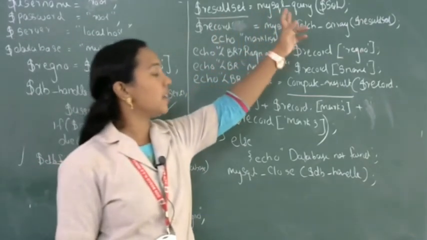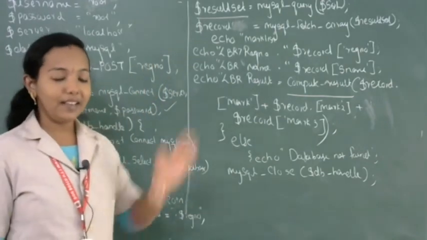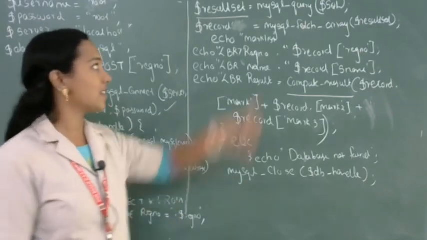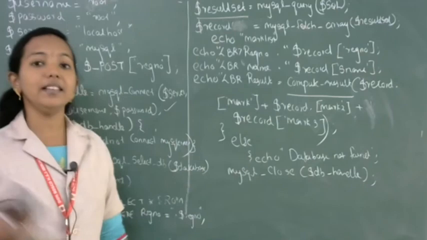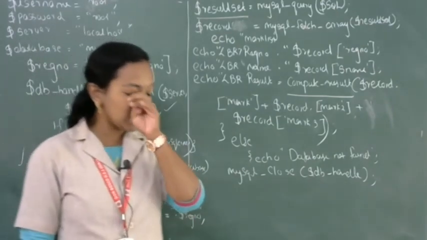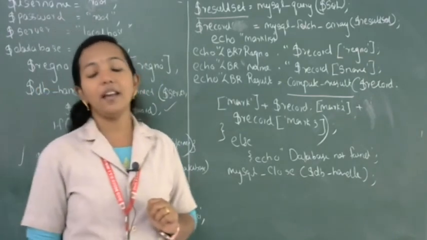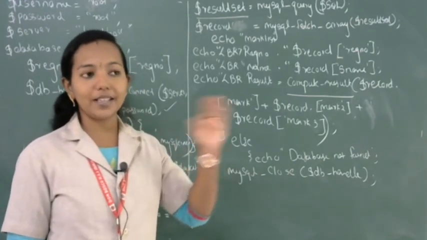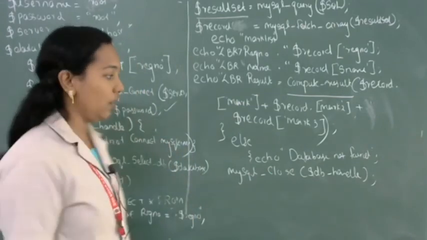After that we execute the MySQL query function using $SQL. After the execution of $SQL, we get the result, which will be available in $record, because in all the remaining sections we are using that $record. So this is an overview of the 4 steps in PHP connection establishment, along with the close connection, MySQL close.